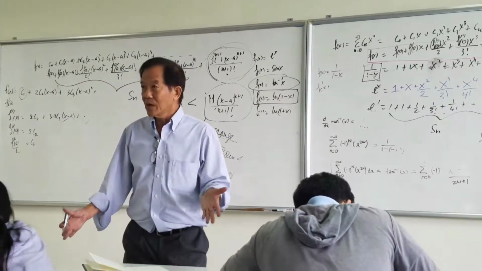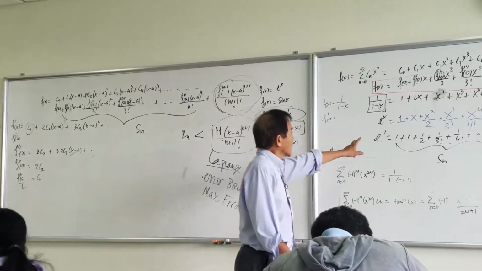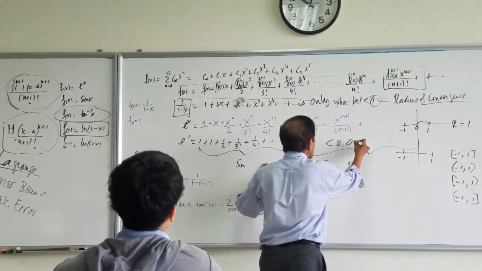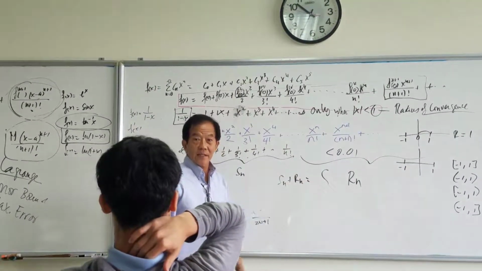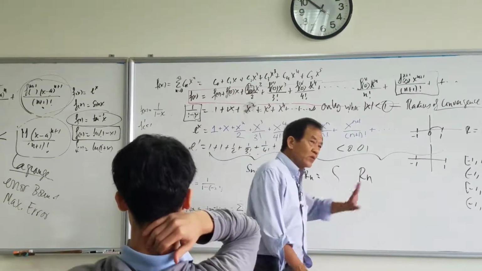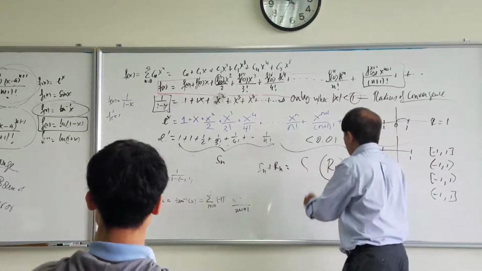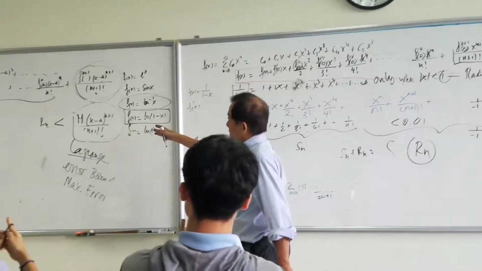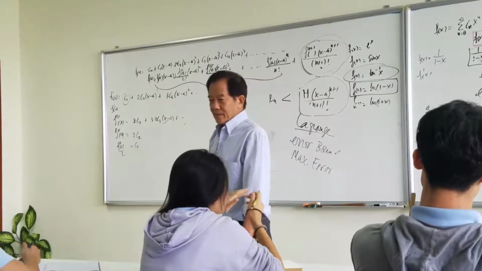For example, if I want this error here to be less than 0.01, how many terms do I need to get that error? Okay, something like that. We do not know the error, but we know the maximum. This one can be greater than this. Okay, that's all.